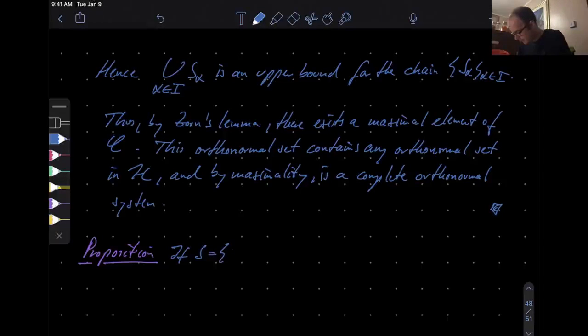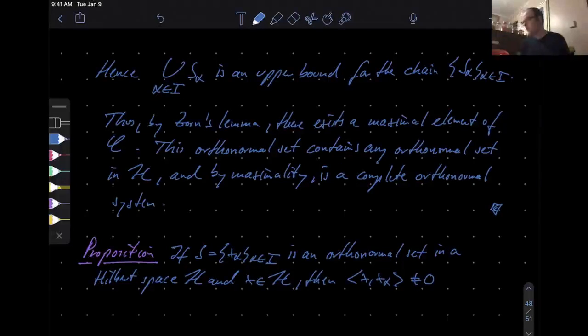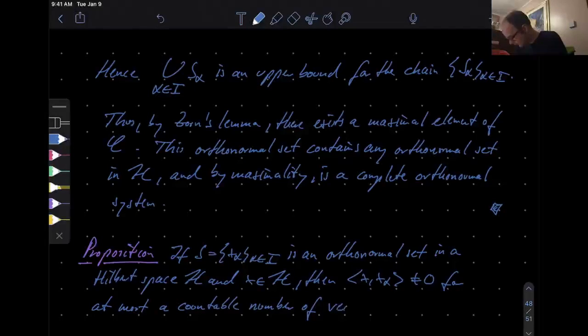If S, the set of x alpha, is any orthonormal set, which doesn't have to be a basis, in a Hilbert space H, and x is a vector in H, then remarkably, these inner products are non-zero for at most a countable number of vectors x alpha in S.